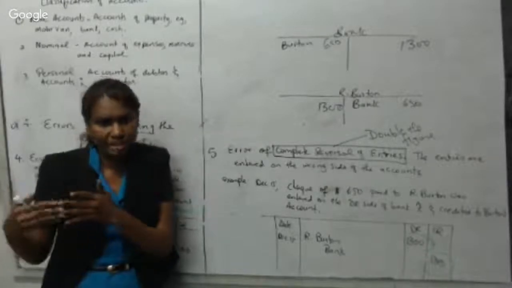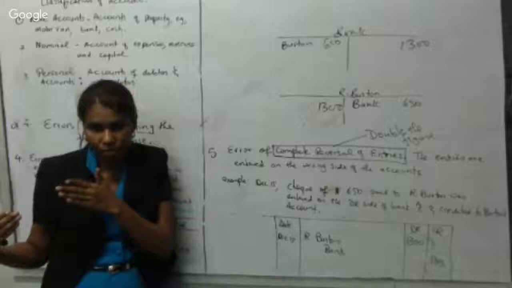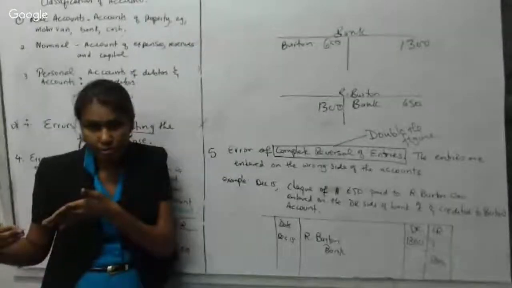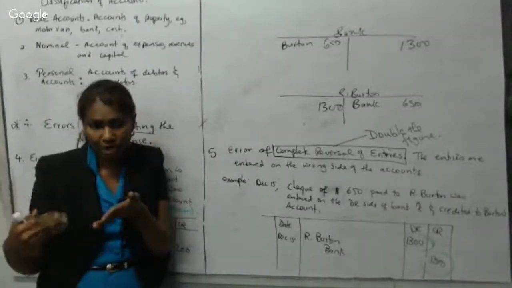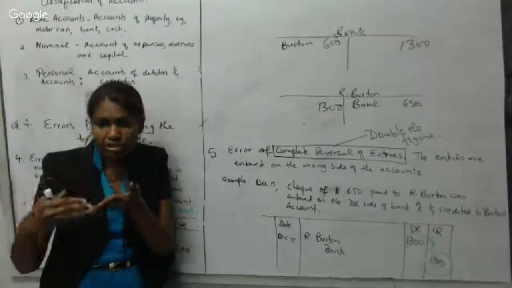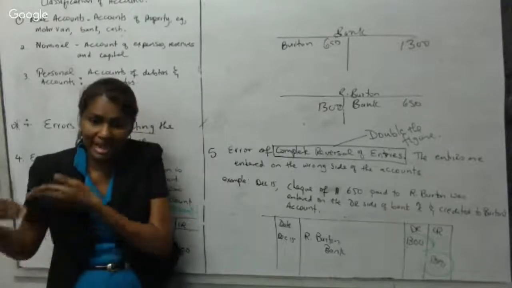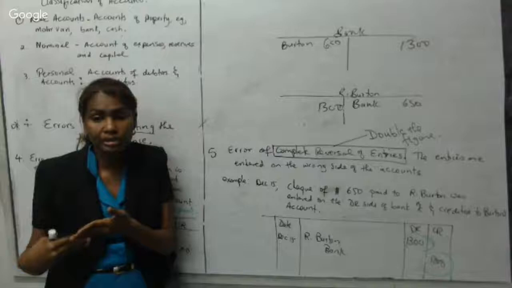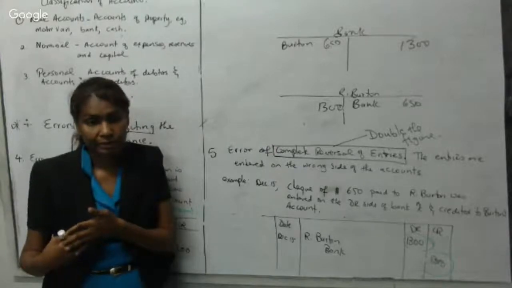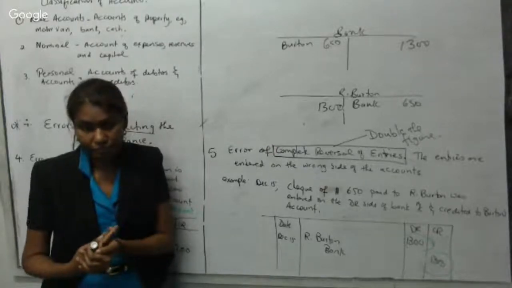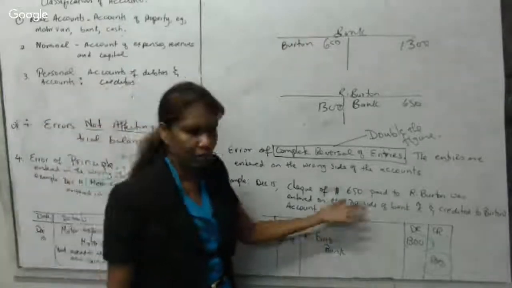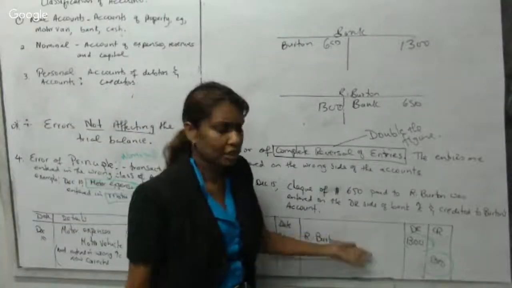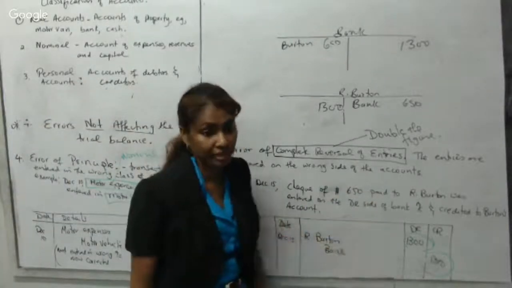If it wasn't supposed to be there at all and you just want to cancel it out, then you just use the same amount. But if the error was one where the amount is supposed to be there, but on the other side, you have to double the figure. Please remember that. It's just that you must double the figure.